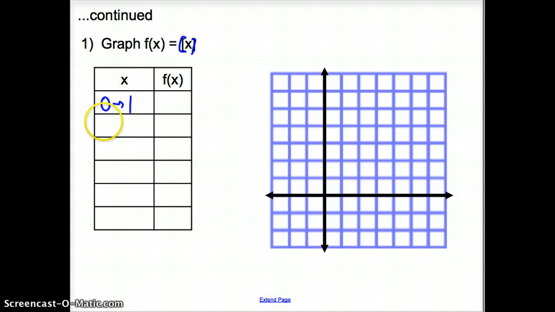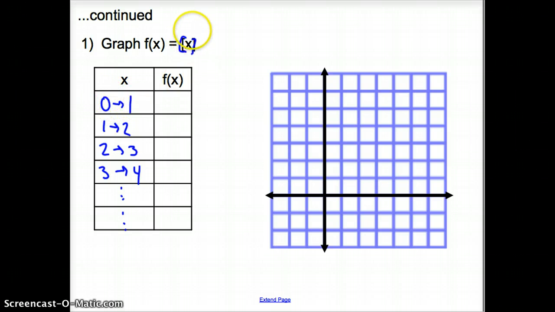And then we go from 1 to 2, and then 2 to 3, and 3 to 4, and you could go down this list doing the same thing. Well, now when I say 0 to 1, that means I can pick any number from 0 to 1, and I'm going to round down back to 0, right?